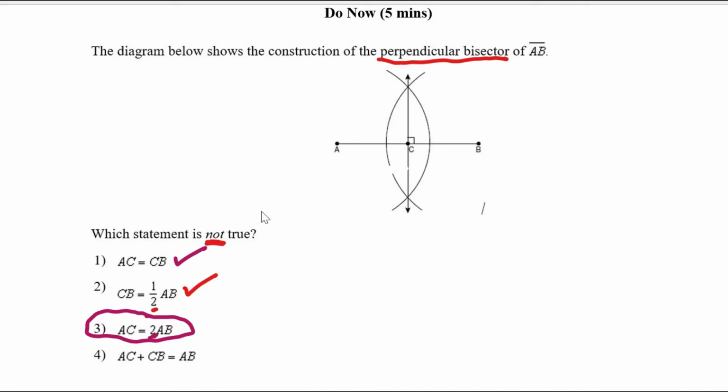So here it says AC, that's that right there, plus CB, which is that half there, and it says that's equal to AB. That is true. Think about it logically: if you have this half of a line plus this other half, and you put them together, it gives you this full line. So that is true. The only answer that's false that I see is number 3.